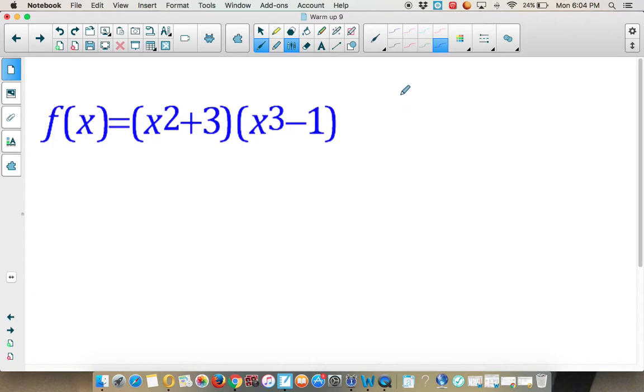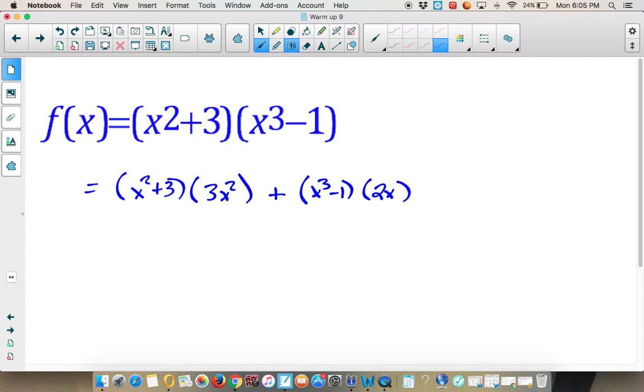All right, so I'm going to say, without writing the rule out, I've used f of x this time, but I'm going to go ahead and say it's the first, so it's x squared plus 3 times the derivative of the second, which is 3x squared, and then 1 goes away, and then plus the second, so that's going to be x cubed minus 1 times the derivative of the first, which will be 2x.